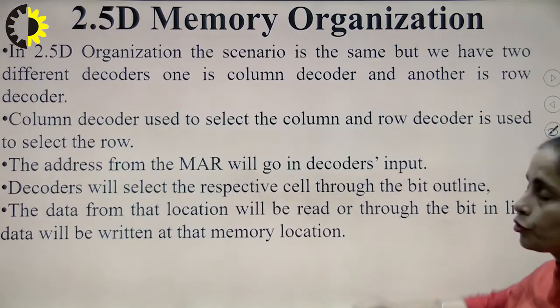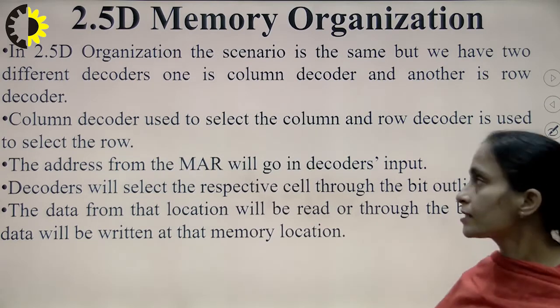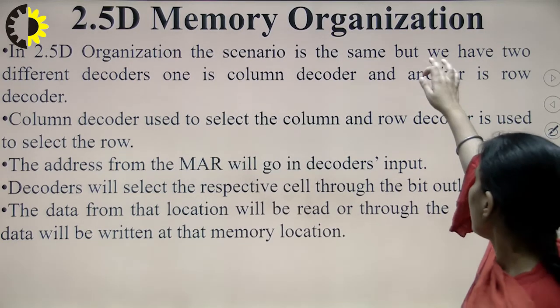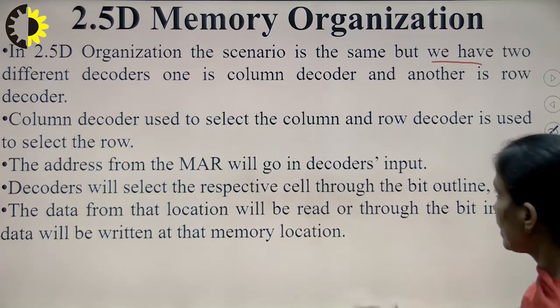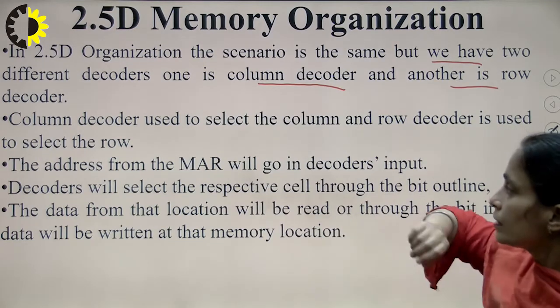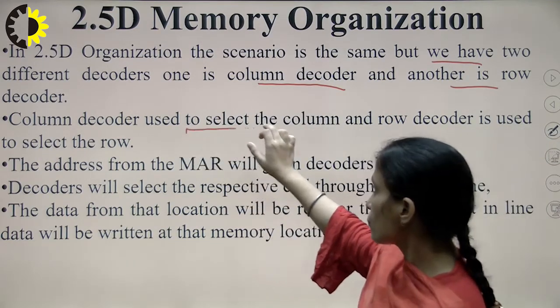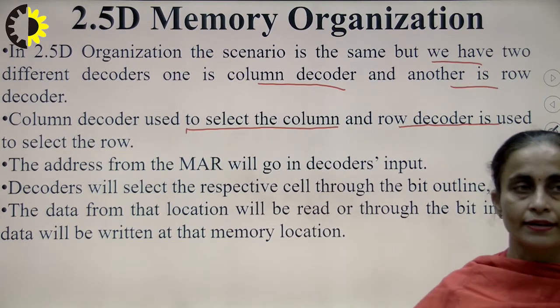Then 2.5D. In the 2.5D organization, the scenario is the same, but we have to use two different decoders. One is the column decoder and another is the row decoder. The column decoder is used to select the column, and the row decoder is used to select the row.